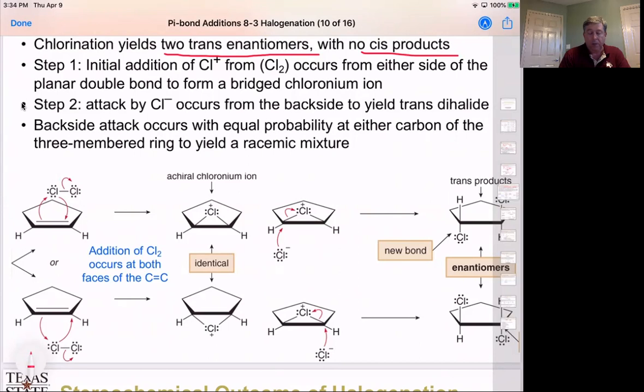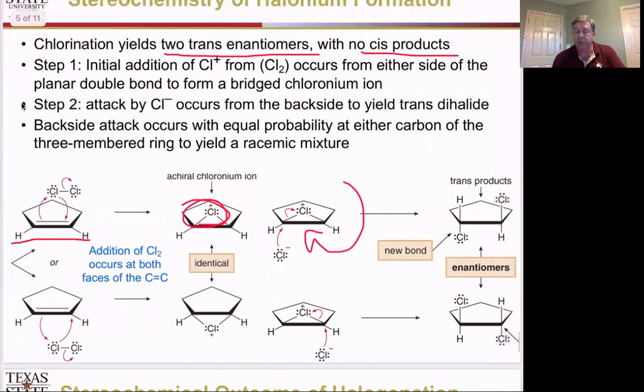Okay, so if we look at this reaction where it's reacting at the top of the cyclopentene, we end up with this three-membered ring forming on the top, which means the halide has to come at the bottom here, and we end up with the trans product here.